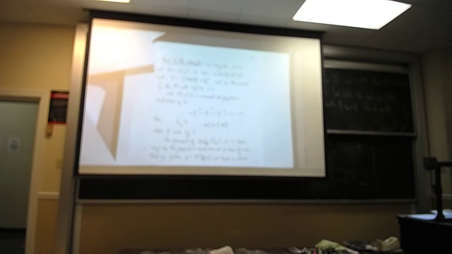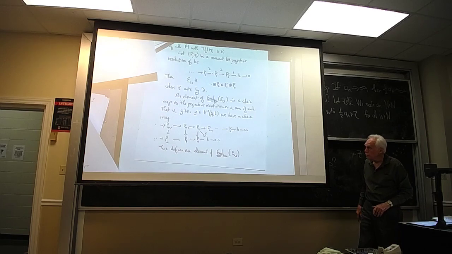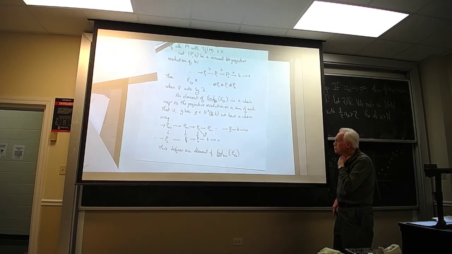So anyway, so where was it? Okay, yeah. So what you've got is a chain map between two projective resolutions. Now, chain maps actually correspond to elements of cohomology. So if I've got a chain map, or if I start with an element of cohomology, then what happens?